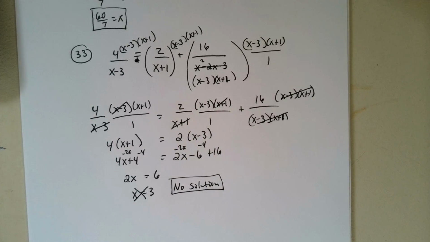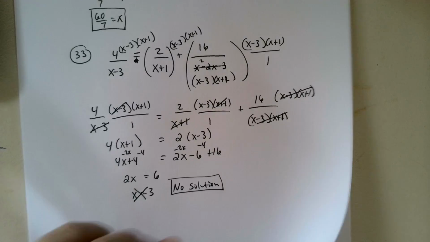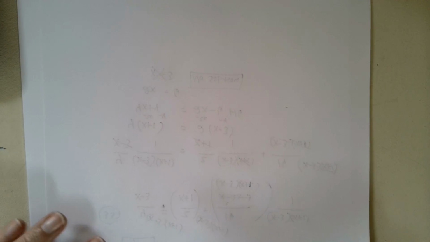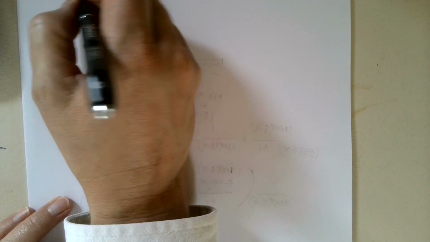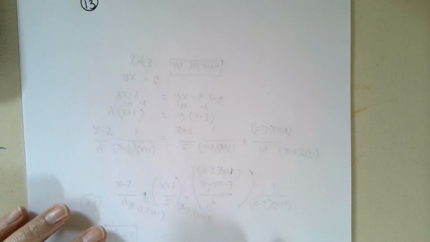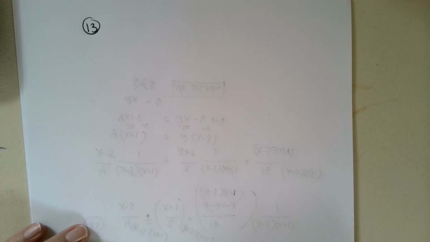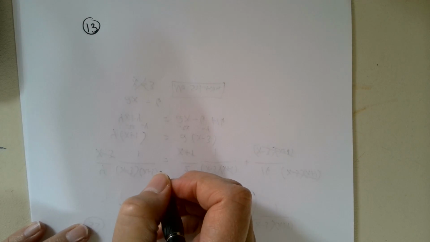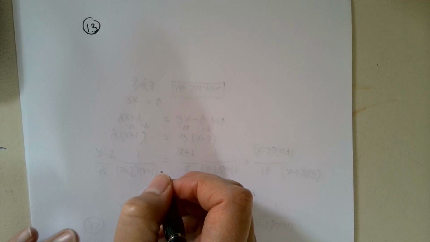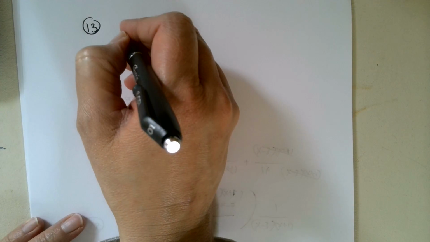And I want to work one of the word problems for you. Let's go to number 13 on the reteach. So these are the ones that I did the video on yesterday. So for number 13, it says Quinn can refinish hardwood floors 4 times as fast as Jack. So Quinn is the fastest.